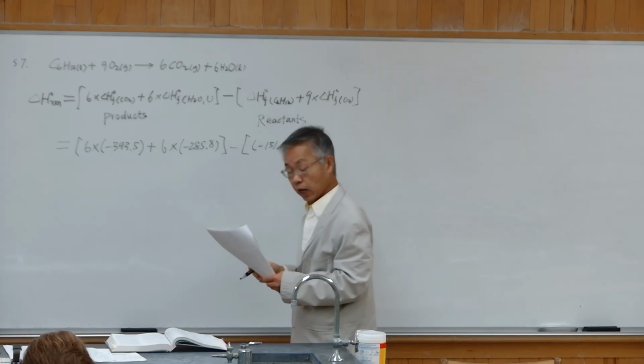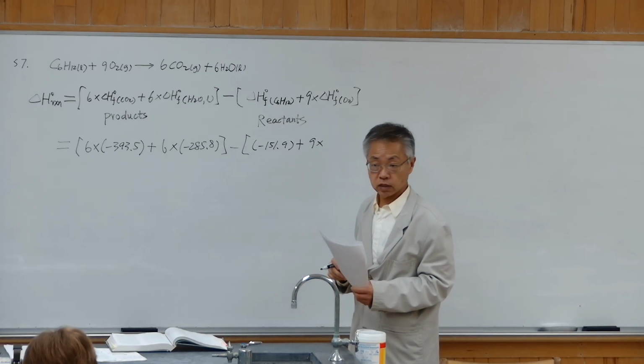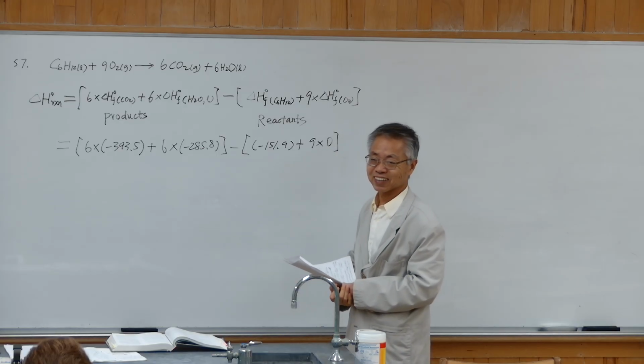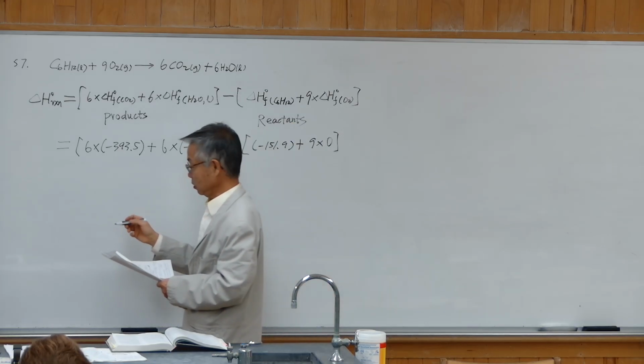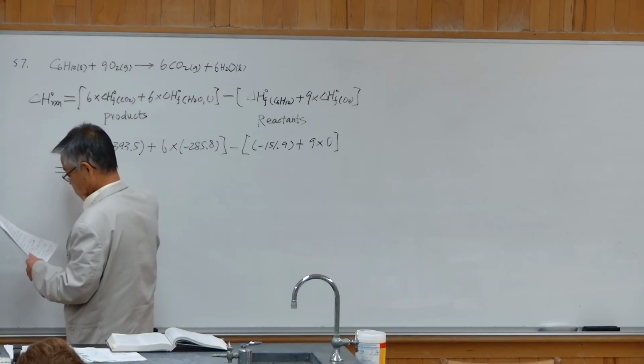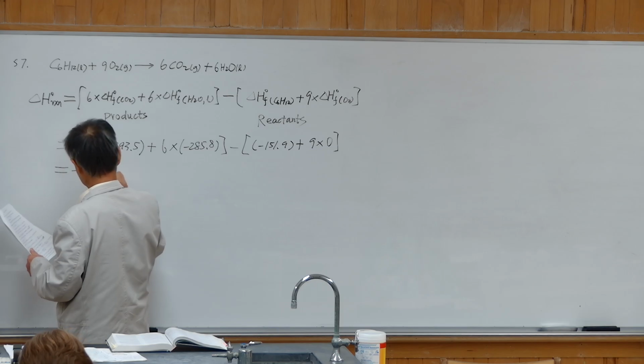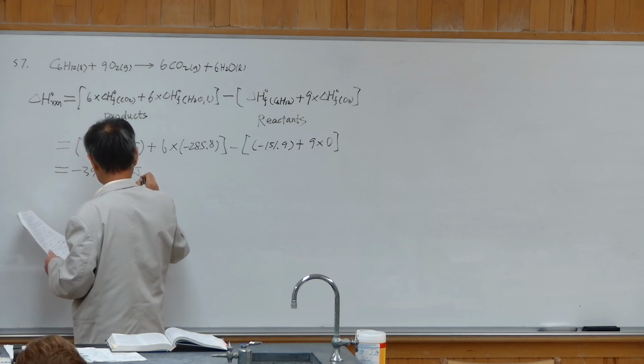Oxygen gas, as a free element in its most stable state, is 0. Then use a calculator. You can easily get the final answer, negative 3923.9 kilojoule.